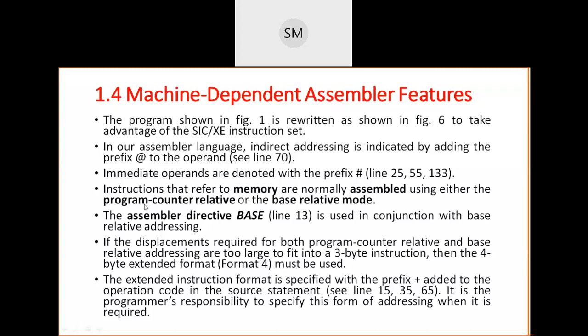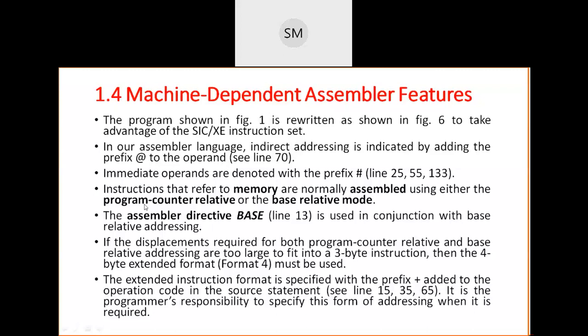These two addressing modes are very important and the most frequently used. They are called relative addressing modes, and why we should use them, I also told you. It is one solution to solve our problem.